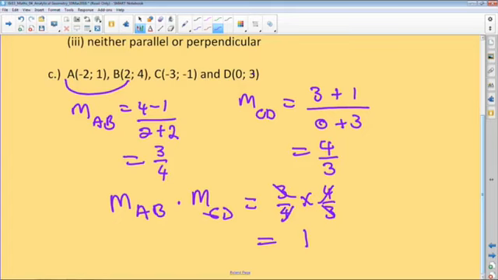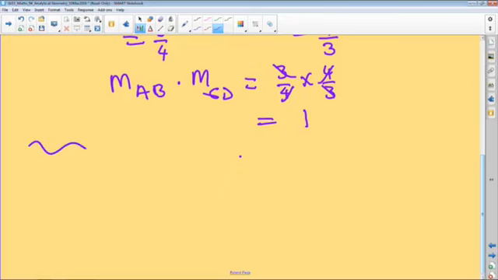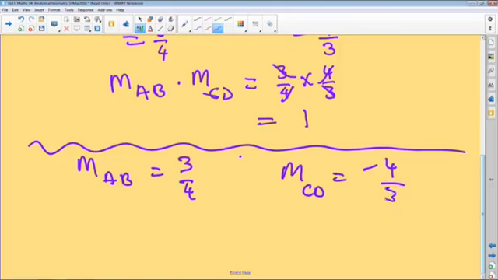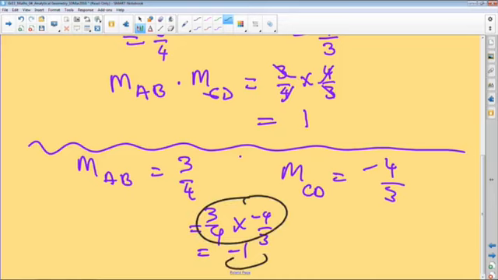If the gradient of AB was 3 over 4, and the gradient of CD was minus 4 over 3, then we can make that conclusion by saying this is 3 over 4 times minus 4 over 3, and that is a negative 1. So the product of the gradients is negative 1. Then the two lines are perpendicular. All right. Now, let's move on.